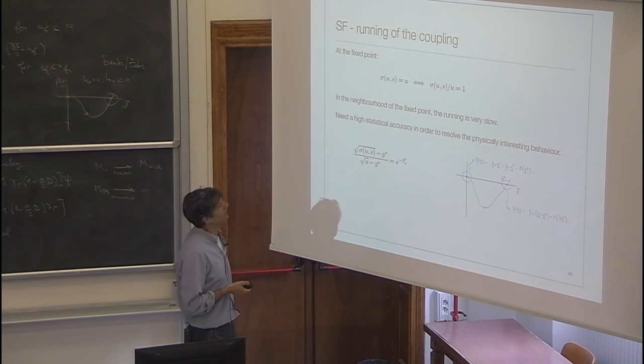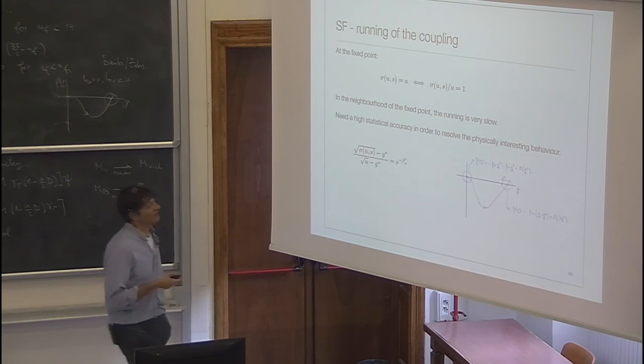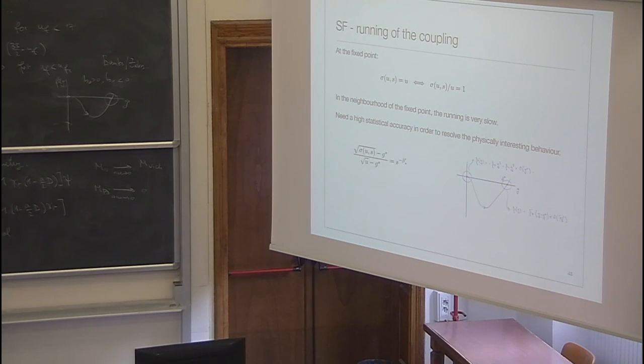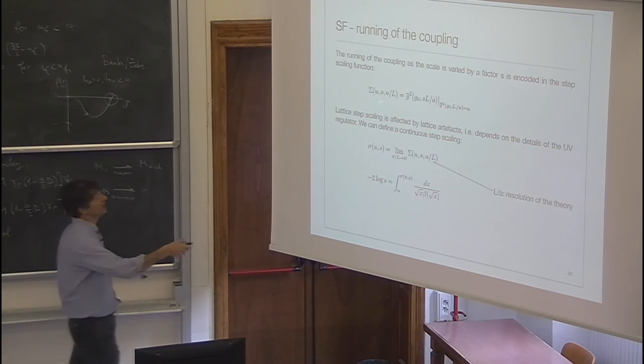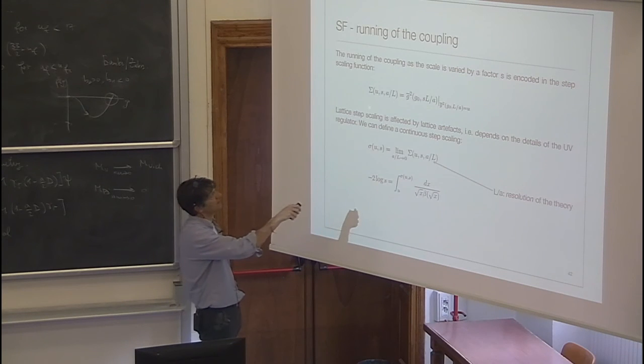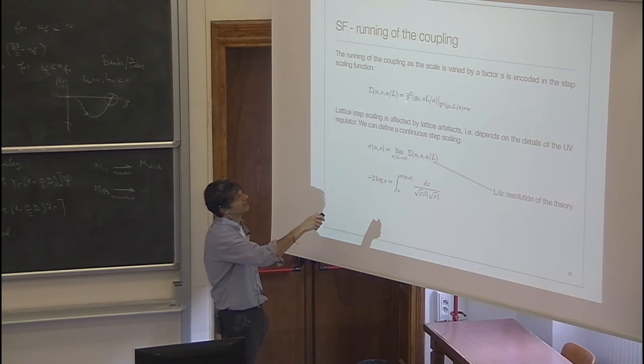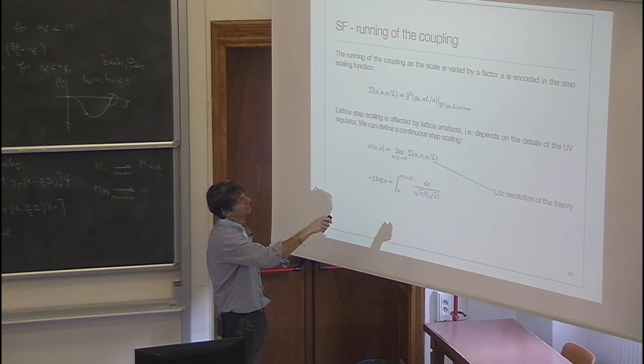What is the tricky part here? The tricky part is that as you approach the fixed point, by definition, the running becomes very, very slow. If you look back at the way the step scaling function is defined, it is the value of the coupling on a bigger volume given the value of the coupling on a smaller volume.